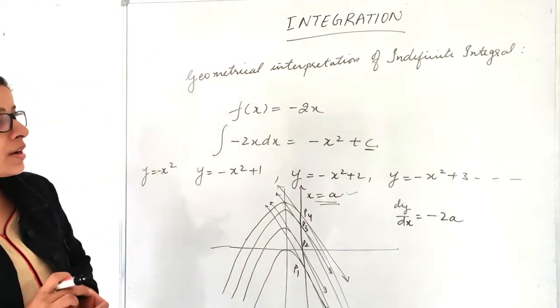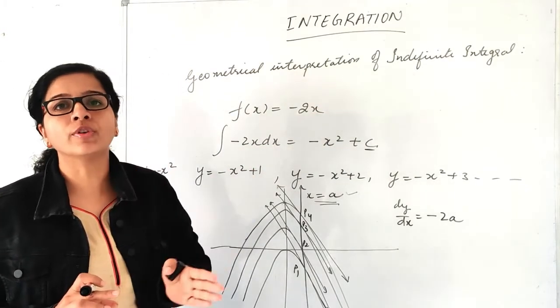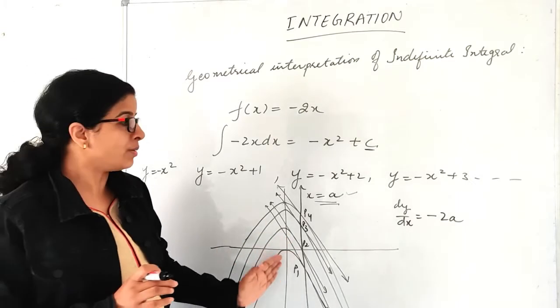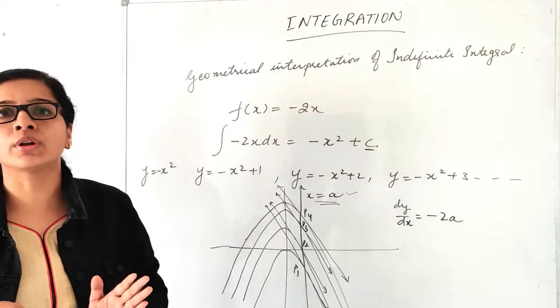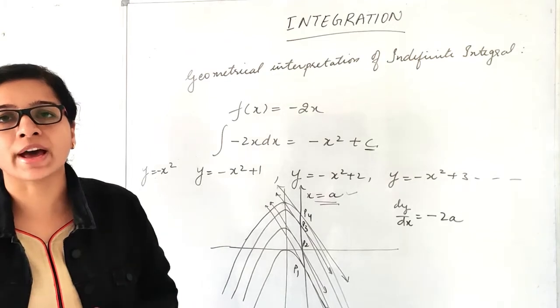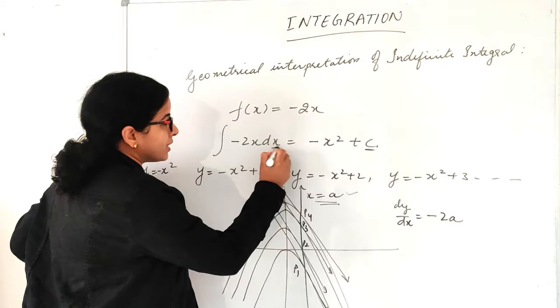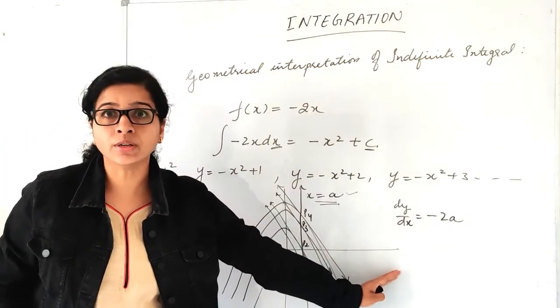It means geometrically indefinite integral represents the family of curves with the tangents parallel to the line which is orthogonal to the axis which represents the variable of integration. What does that mean? So this is the axis which is representing the variable of integration, right?